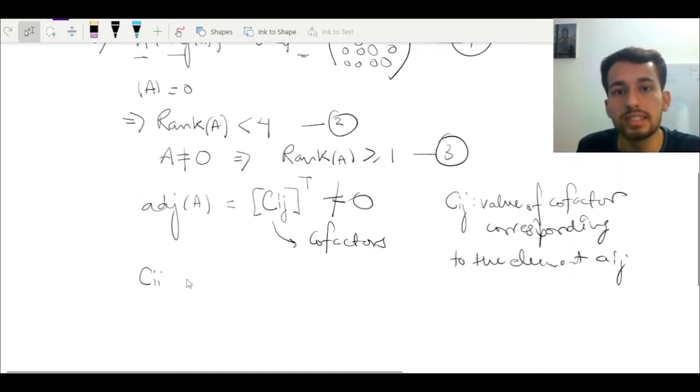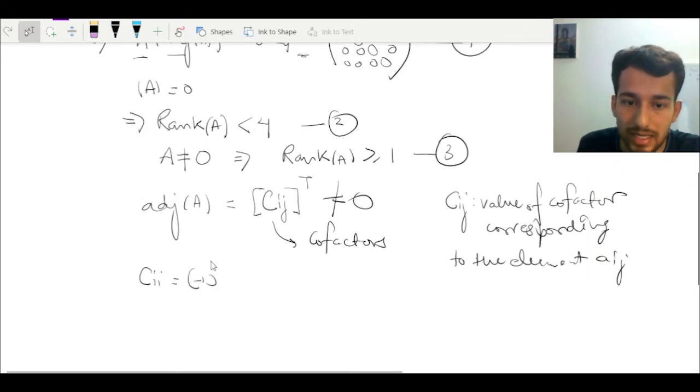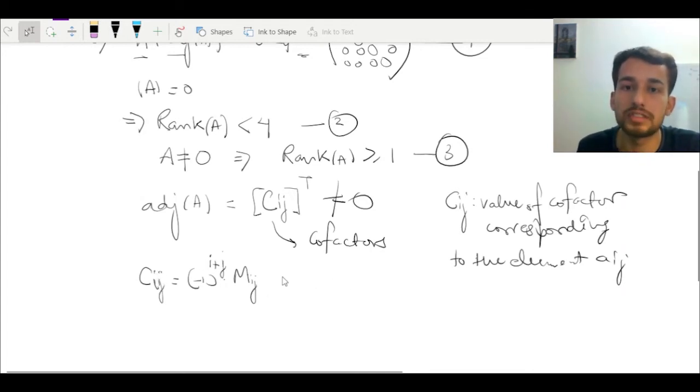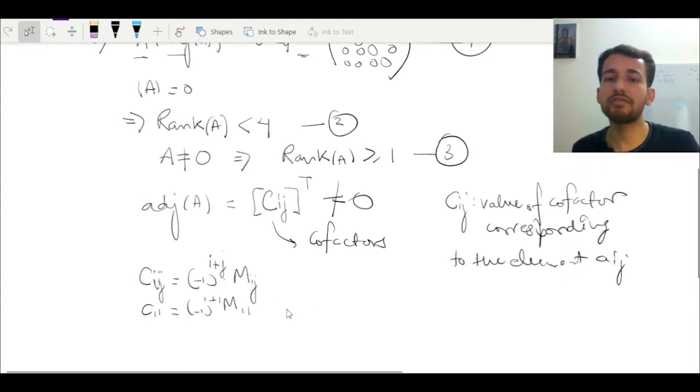By definition, Cij is -1 to the power i plus j times Mij, where Mij denotes the minor, which we obtain by hiding the ith row and jth column. So C11 would be -1 to the power 1 plus 1 times M11, and so on. You can calculate Cij for different values of i and j.